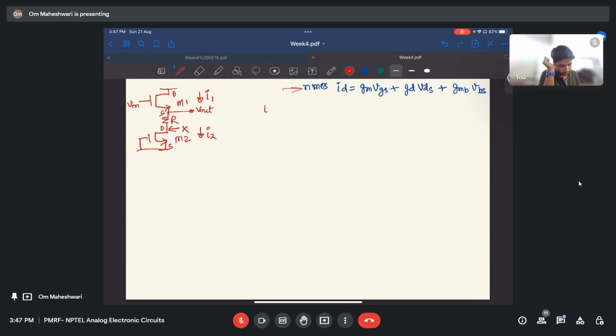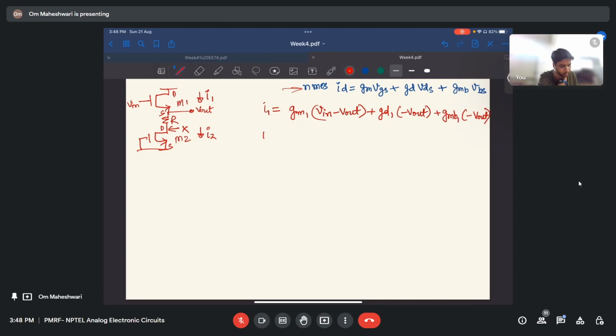Okay. So I1 is GM1 VGS. So VGS is V in minus V out plus GD1 VDS. VDS is minus V out plus GMB1 VBS. VBS is minus V out.